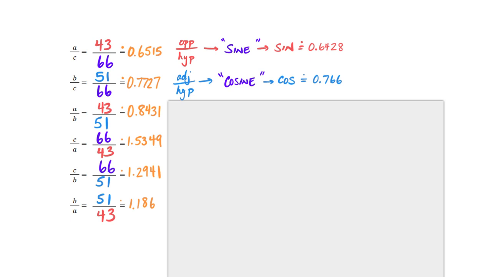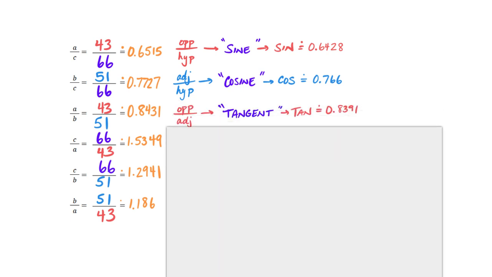Okay, the next one. If I took my opposite and I divided it by my adjacent, then that is called your tangent ratio. It has a short form, 3 letters again, TAN. And if you were to calculate your tan ratio, you should have got 0.8391. Again, see how close you are. See how accurate you were able to draw your triangle.